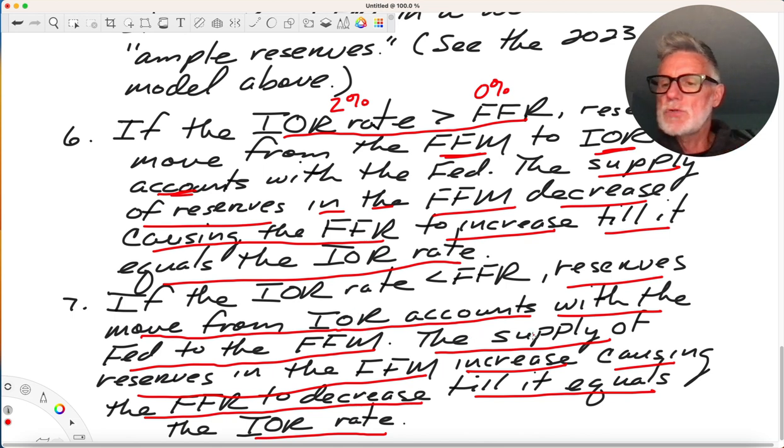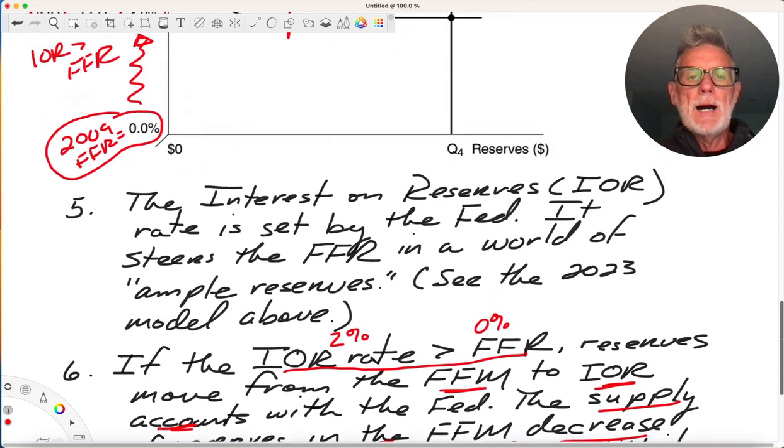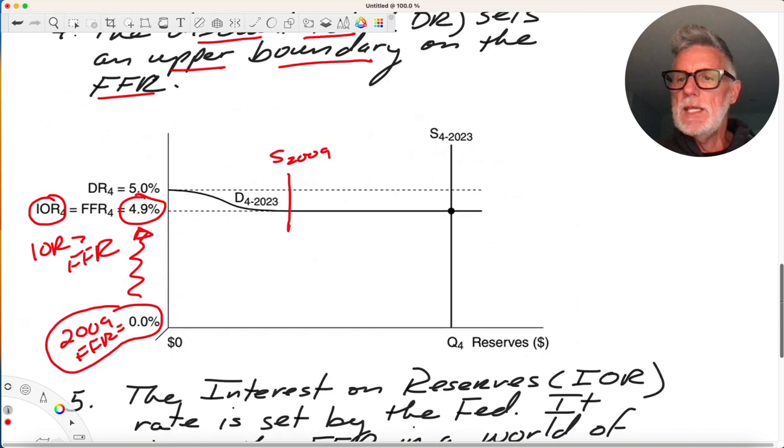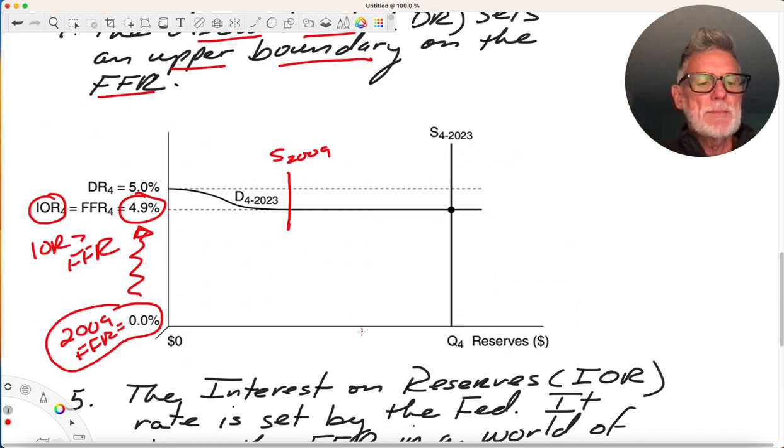Okay? So I strongly encourage you to review this before you go to the next video, video 6. This is video 5. This is the model you're going to see in video 6, and I'm going to be doing some more explaining here, and I'll be reviewing some of the same concepts again.